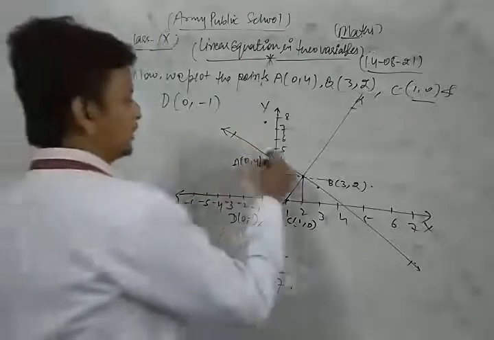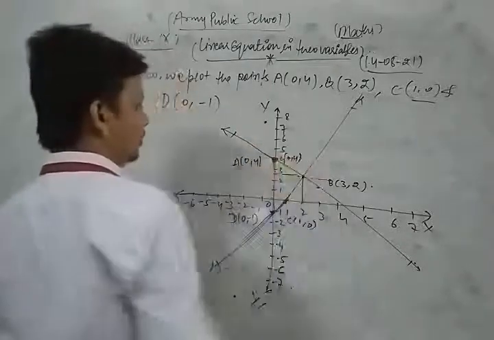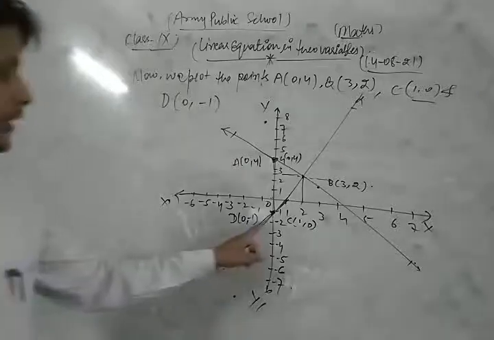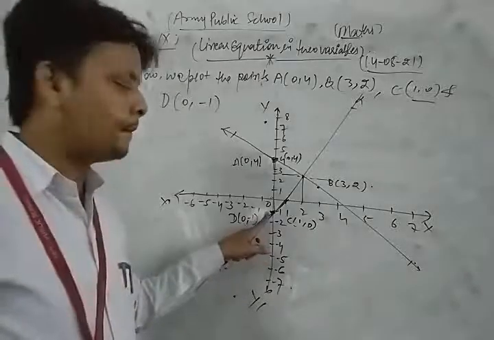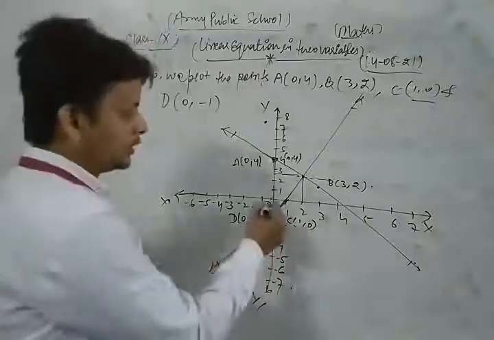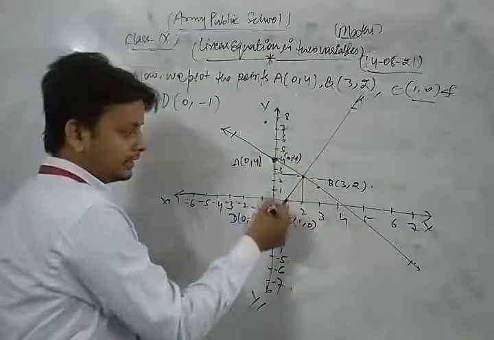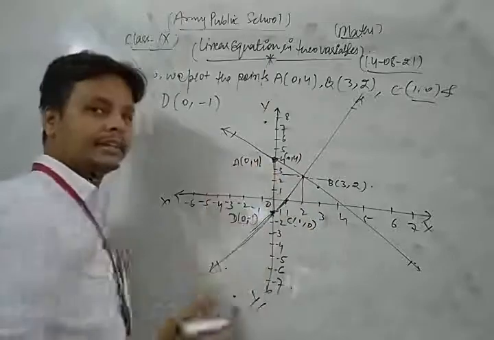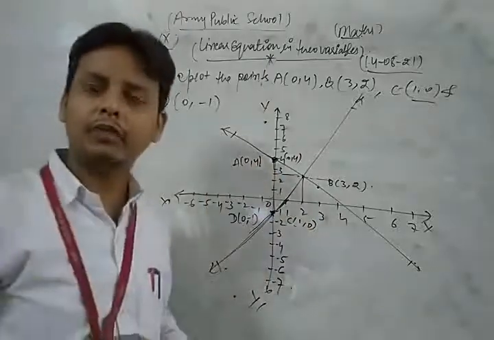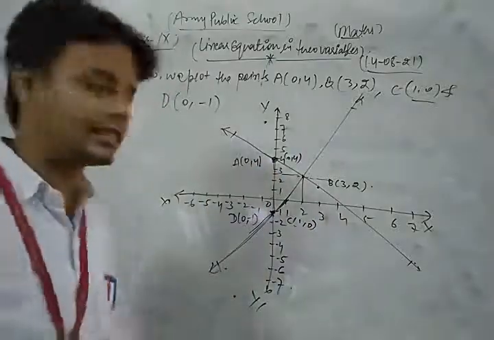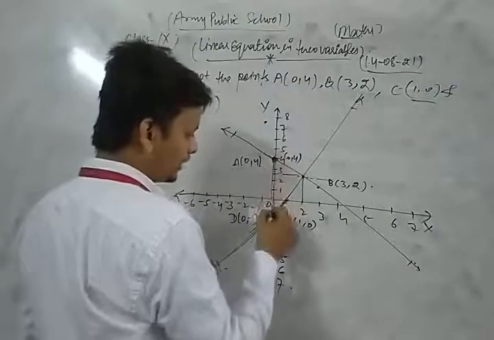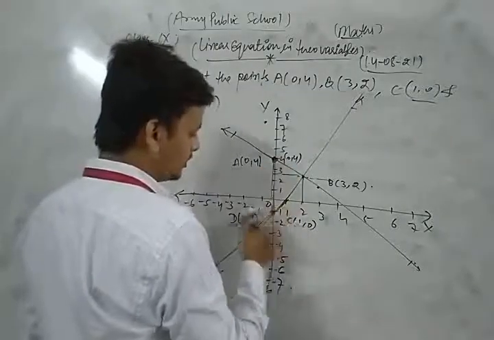The first point lies on this position, (0,4). The second point, dear students, is D, (0,-1). This triangle is formed with the y-axis. Now we find the vertices of the triangle formed by these two lines with the y-axis. So with the y-axis, this is another point, and this is the base of the triangle AD. So the vertex of this is (0,-1).